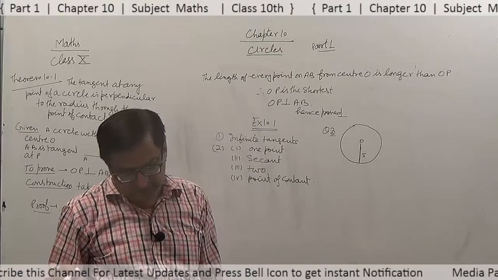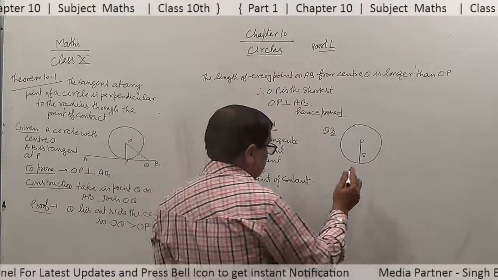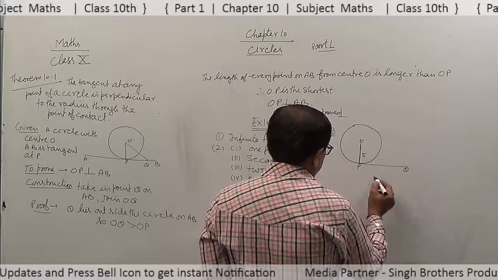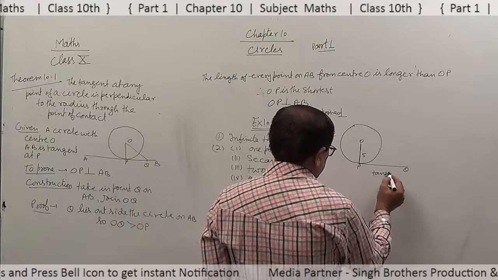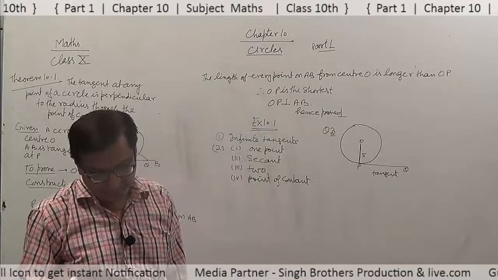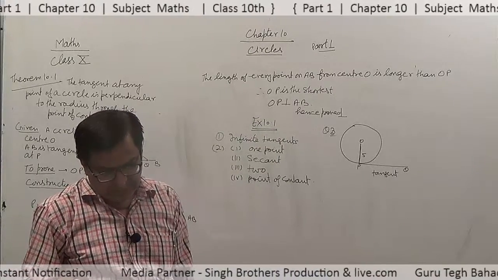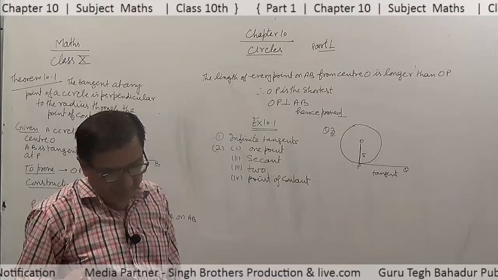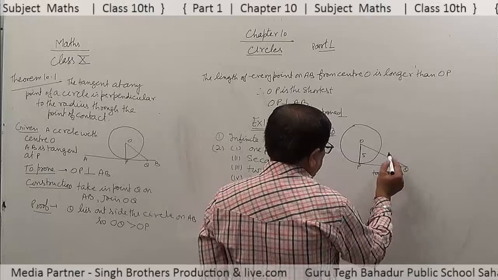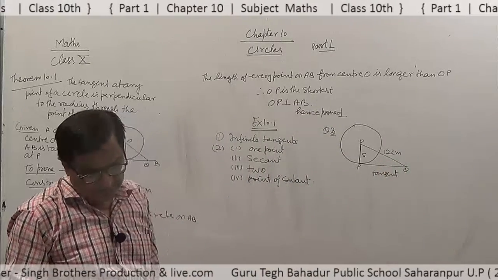The tangent is PQ at a point P. PQ is a tangent. It meets a line through the center O at a point Q such that OQ is 12 centimeters. Find the length of PQ.